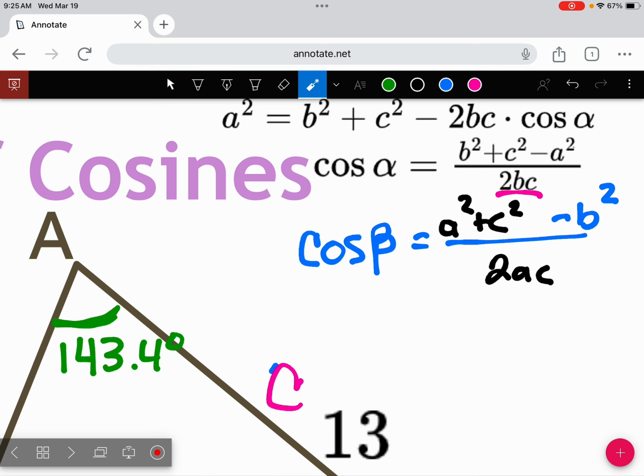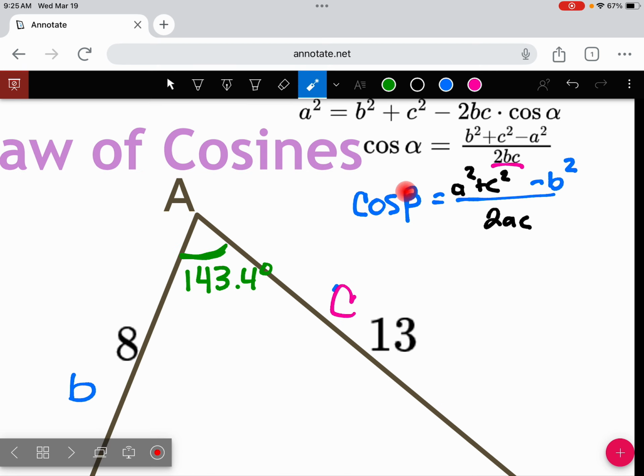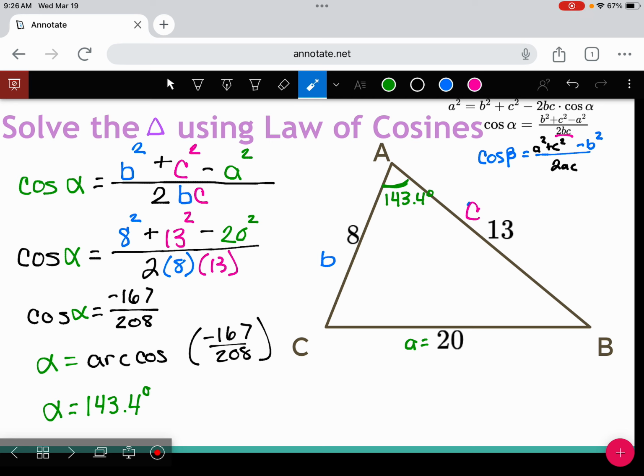If you want to do a different angle, that is absolutely valid. We have a cosine of our angle, and that's the piece that's subtracting. We're adding together the two adjacent sides, subtracting the opposite side, over 2 times our adjacent sides. So you can use law of sines, or you can switch our law of cosines to be a different one. We should get essentially the same angle. Might be decimally different, but just barely.